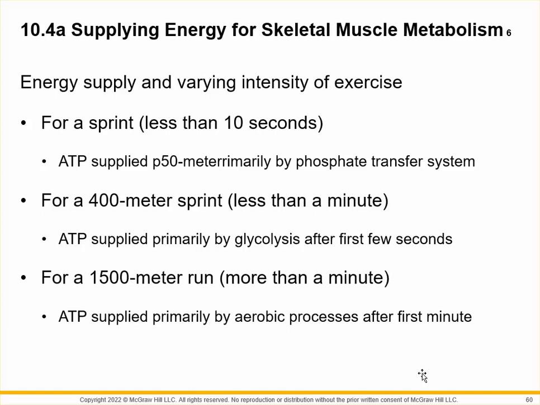Weightlifters or 100-meter guys tend to be all CP and ATP storage. Like Olympic powerlifting, huge amounts of ATP required for a couple of seconds. That's why creatine supplements are popular amongst weightlifters, because it will extend that period of phosphate transfer.